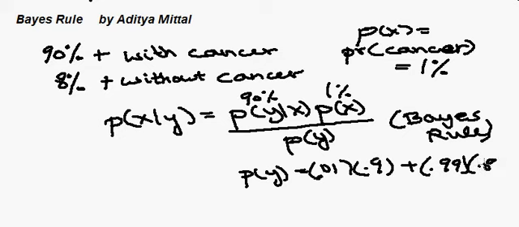Now that you know this is 0.9, this is 0.01, you have an expression for the denominator as well. You can go ahead and calculate the probability of x given y, which is going to be the probability of having cancer given you test positive.